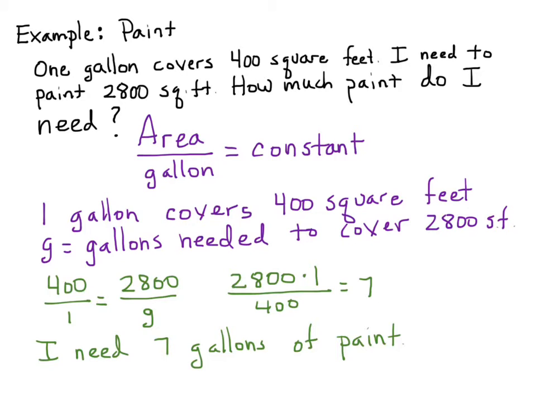Or let's say you want to buy it in bulk, and you look at a 5-gallon pail that says it covers 2,000 square feet. Then you would do 2,000 divided by 5 equals 2,800 divided by G, and you get the same answer.